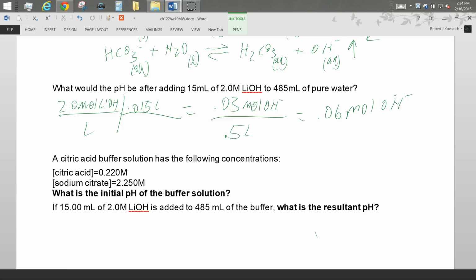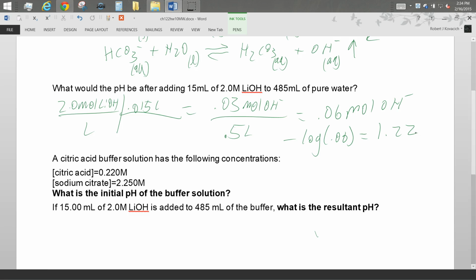So if I take the negative log of 0.06, I get 1.22. What did I just calculate?